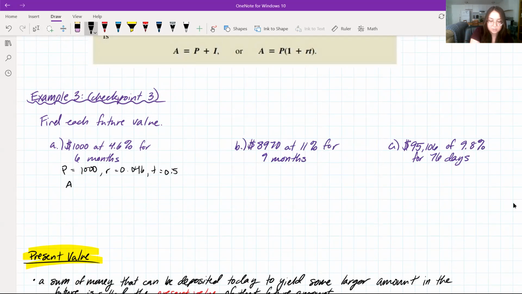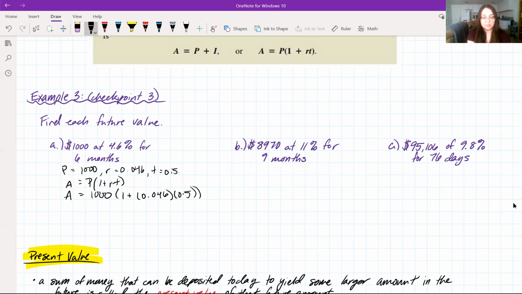And our equation is going to be A is equal to P times 1 plus RT. So when we calculate this, we'll get A is equal to 1,000 times 1 plus 0.046 times 0.5.